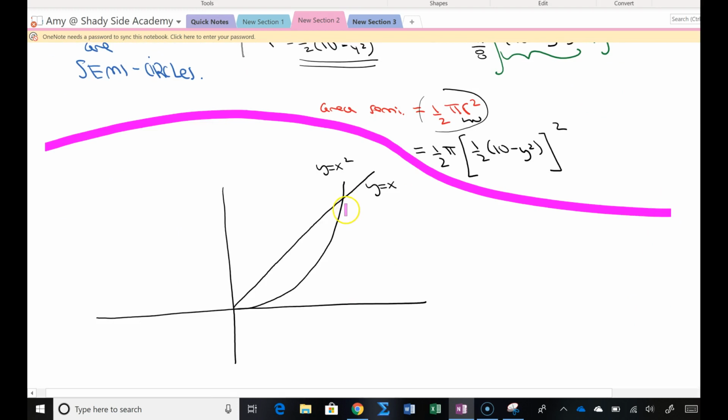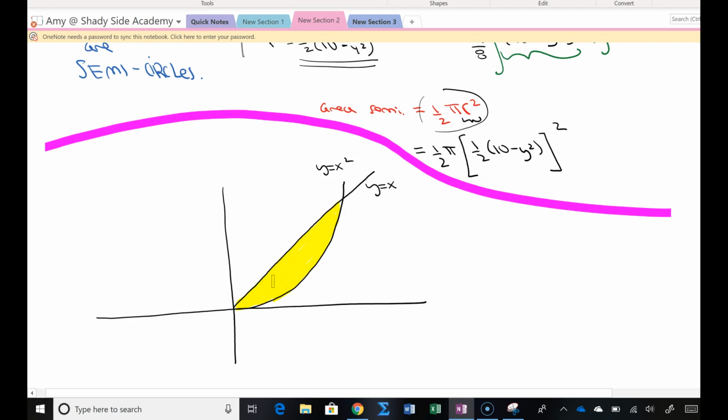All right, what you've got here are the curves y equals x and y equals x squared. And the area between the two represents the base of a solid. It's the base of a solid, everyone, okay?